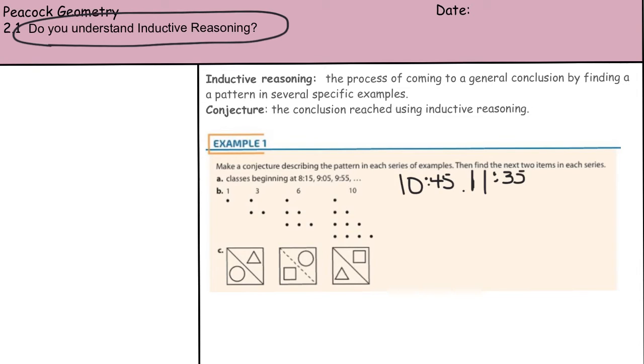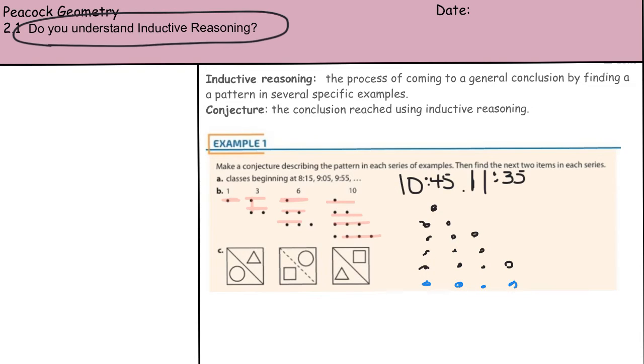Looking at example B, we're looking at dot patterns. A lot of you guys see this as a pattern, right? We've got 1 here, then we've got 1 plus 2, then 1 plus 2 plus 3, then 1 plus 2 plus 3 plus 4. So this next one would probably look like 1 plus 2 plus 3 plus 4 plus 5, and then the one after that would be adding 1 more row at the bottom.